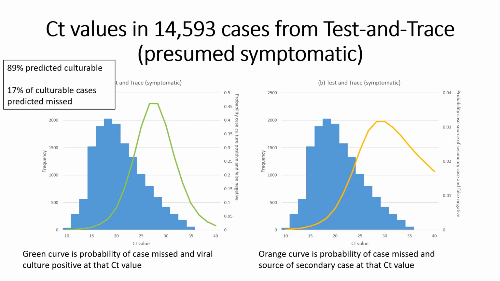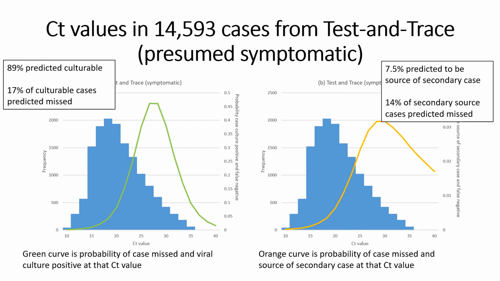Similarly, if we look at the orange curve for our risk of secondary cases, 7.5% are predicted to be a source of a secondary case in the data set, and we miss 14% of those. So that's a sensitivity of 86%, which is pretty good. High sensitivities above 80% for detecting either secondary cases or viral culture positive.